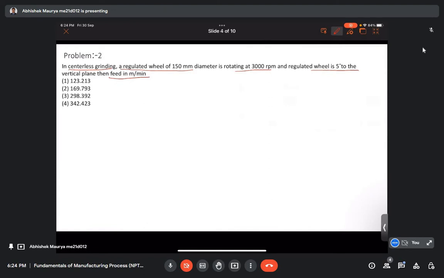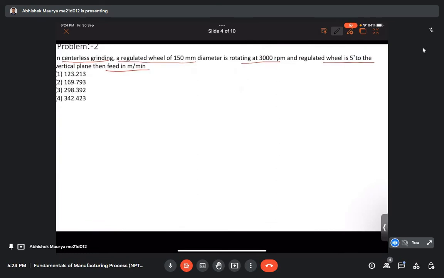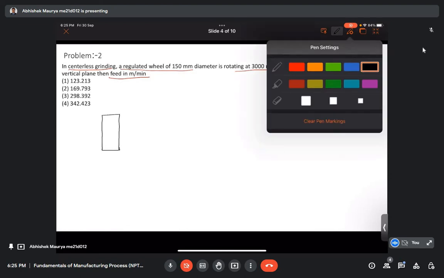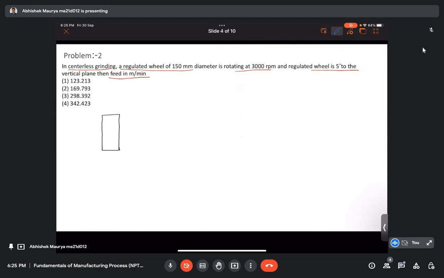So let's quickly try to draw the diagram. I am making the top view here. Here we have a grinding wheel, and here we have our workpiece.